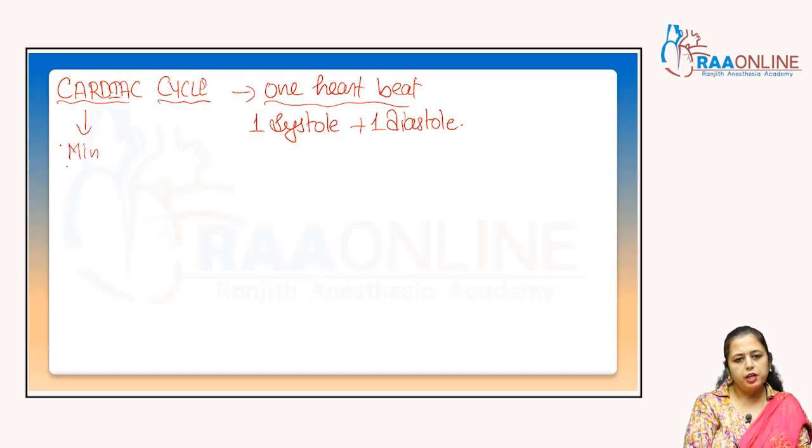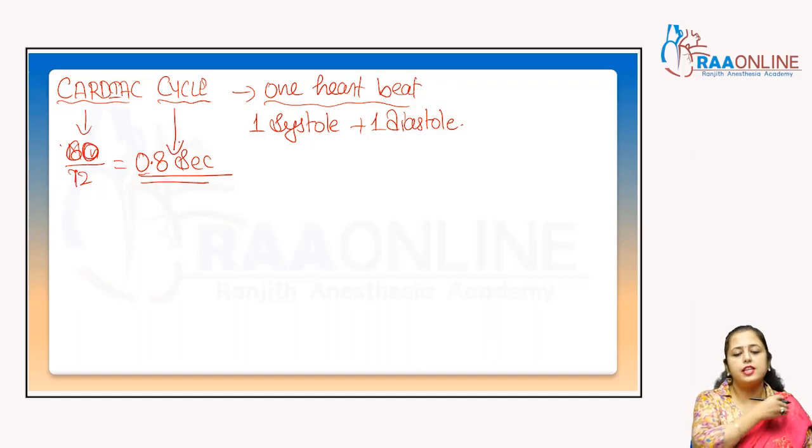That is 60 divided by 72, so total 0.8 seconds. So the duration of the cardiac cycle is 0.8 second.